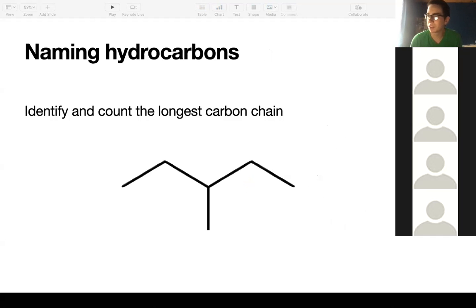So now let's move on to naming hydrocarbons. The first thing we want to do when approaching any structure is identify and count the longest carbon chain. So in this case, how many carbons is our longest chain? It's 5.